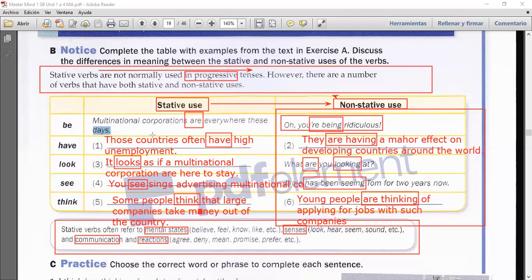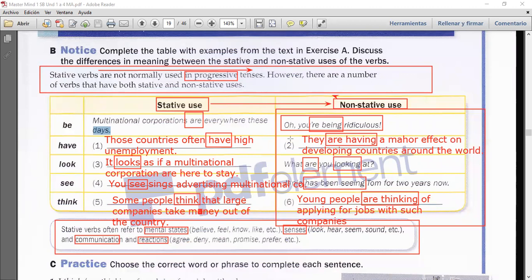The same here. Have. They are having a major effect on developing countries. So something is having a major effect. What is it in this context? International companies, right? International companies are having a major effect.